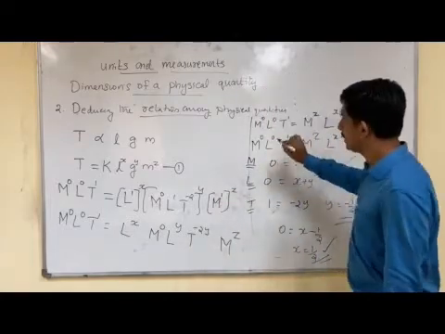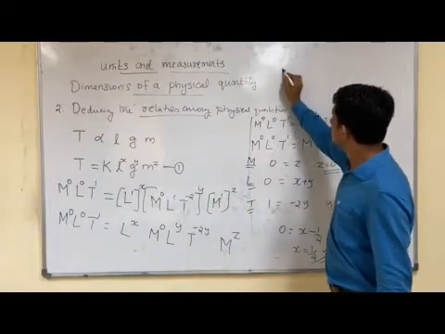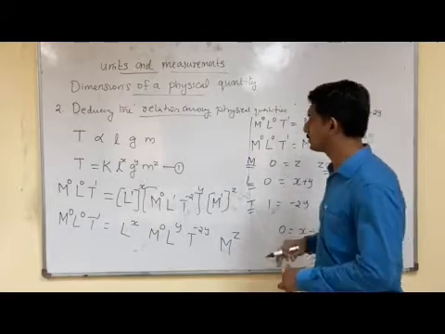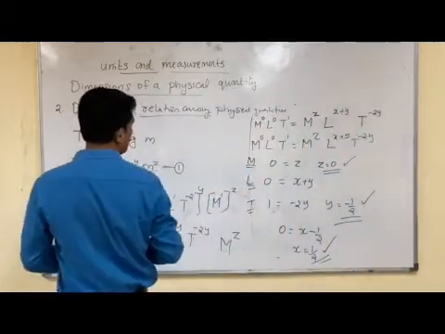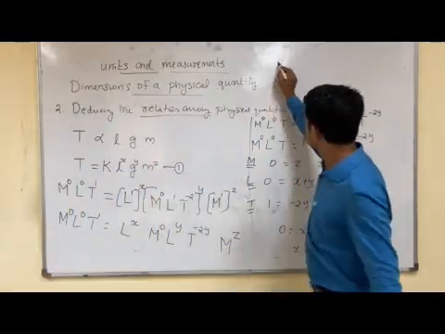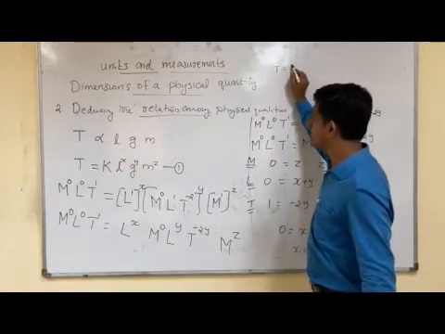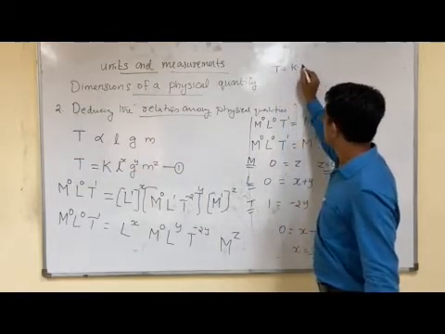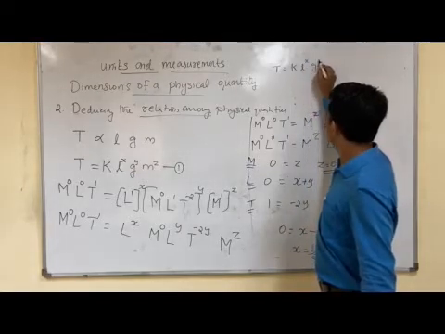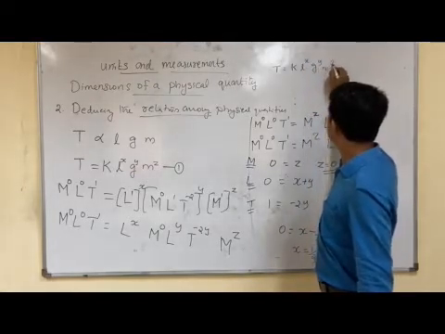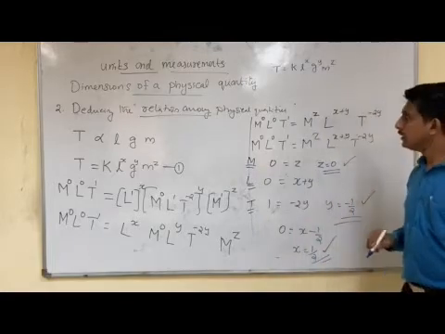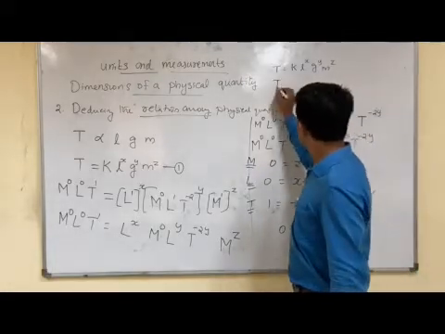What is our first equation? Our first equation is T is equal to K, L raised to x, g raised to y, and m raised to z. So we are substituting these values back in this equation.